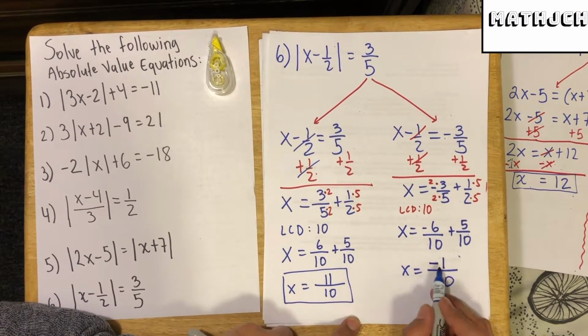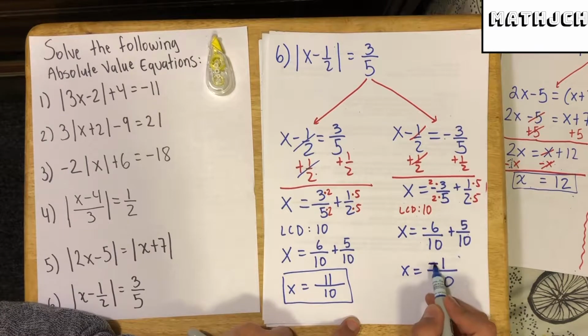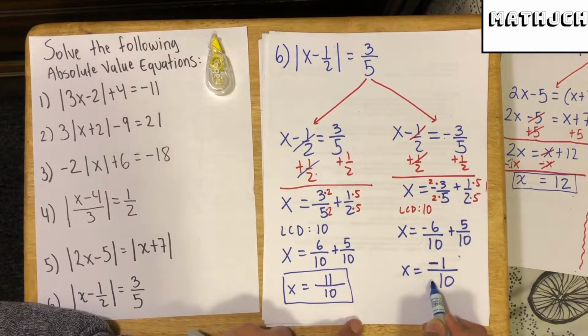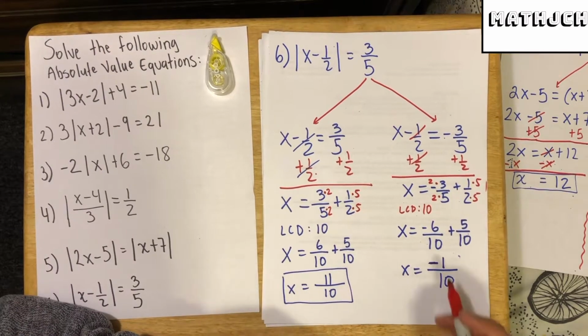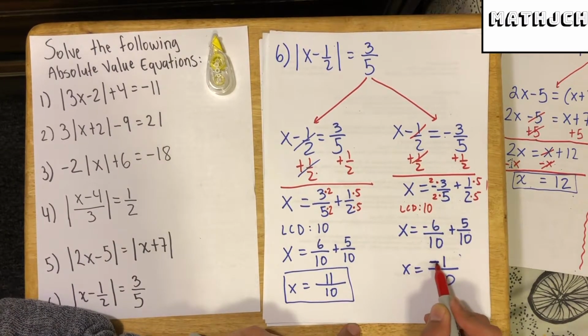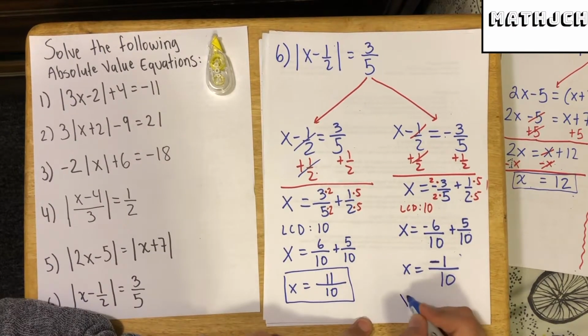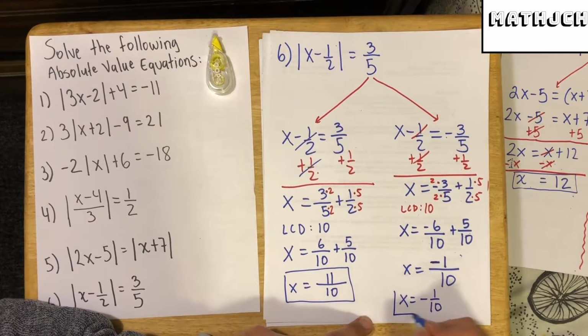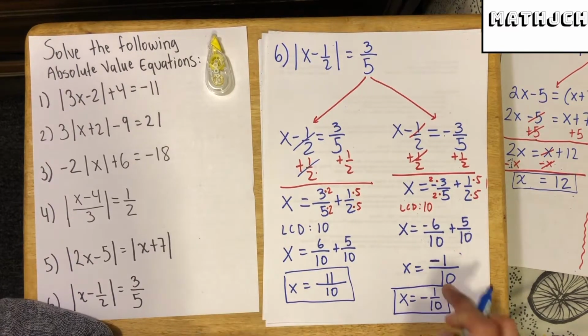And remember, this negative could be here on the top, or here in the middle, or here in the denominator. It's not common to leave the negative sign in one of the numbers here. So it's preferable to write it down in front of the fraction. It means the same thing. So my other solution is -1/10.